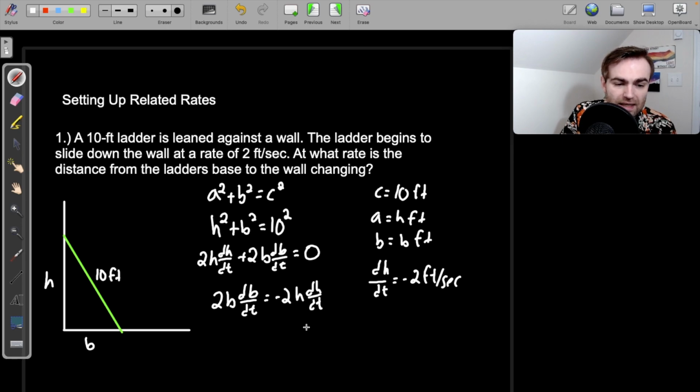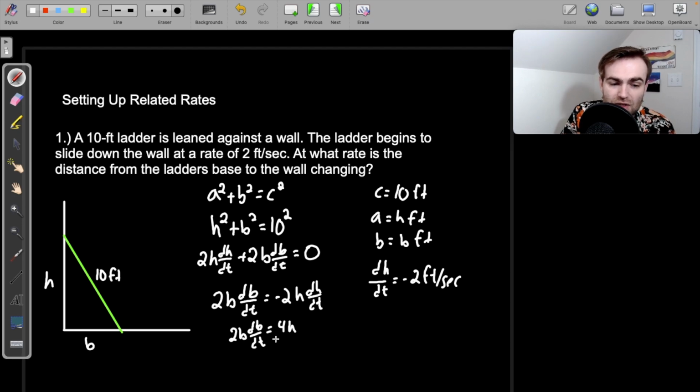And then we can do a little bit of substitution and we can cancel some things out. First thing that I note is the dh/dt, this right here, is equal to negative 2 feet per second. Negative 2 times negative 2 is a positive 4, so that would be 4h is equal to 2b db/dt.